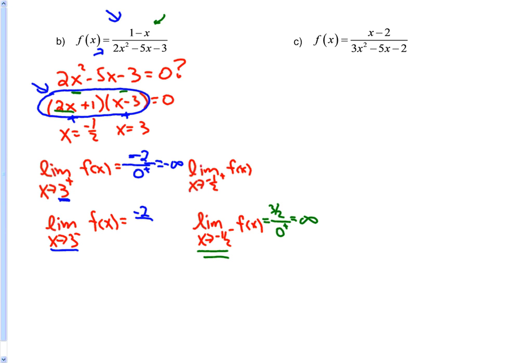When we put 2.9 in here, we're going to have a positive, because 2 times 2.9 plus 1 is going to be positive. When we put 2.9 in here, we're going to have a negative. 2.9 minus 3 is going to be a negative. So a positive times a negative means we're going to have negative values. So we're going to have, maybe we can put the negative out here and call it negative 0. So small numbers that are negative but close to 0. And so negative 2 divided by a very small negative is going to give us positive infinity.